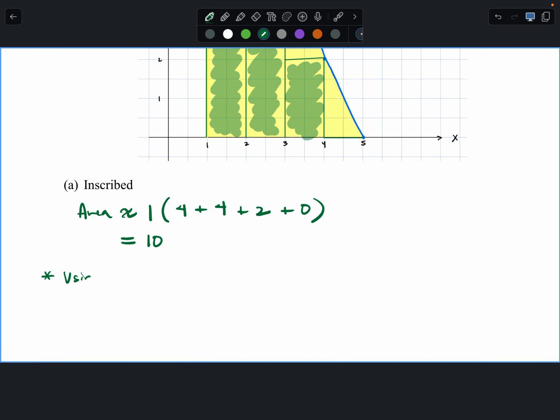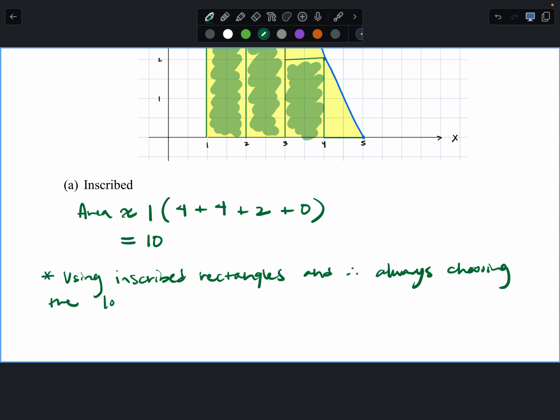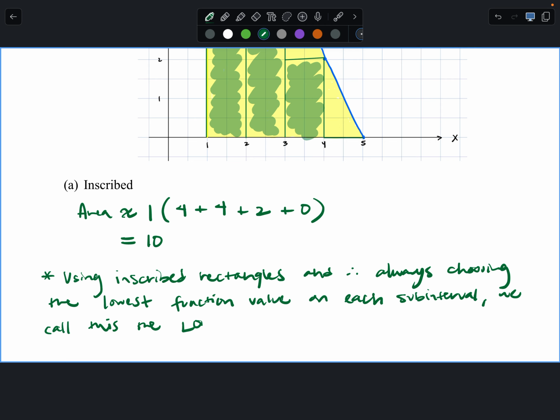So using inscribed rectangles, and therefore always choosing the lowest or the minimum function value on each subinterval, we call this the lower sum, which we represent as lowercase s and then the number of rectangles that you have.